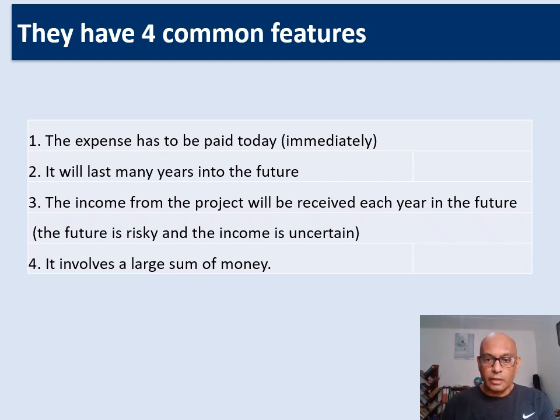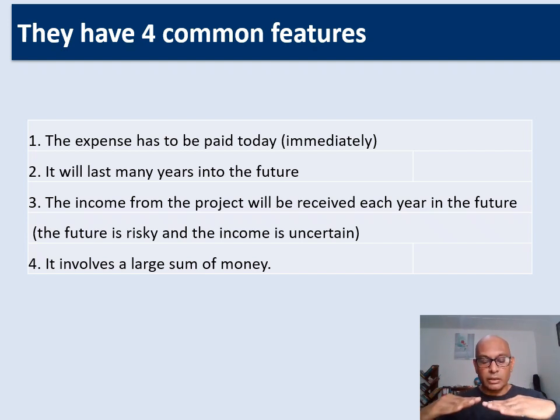You can see here, four common features. The first one is, the expense has to be paid immediately. These projects require an immediate amount of money to be spent to start building this project or buying the machine or building a bridge.